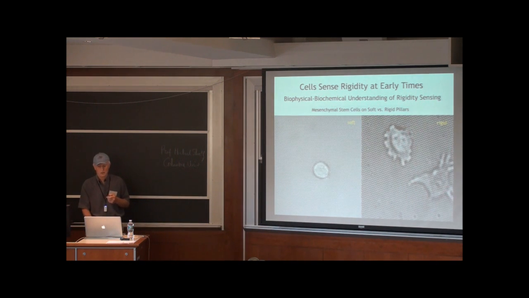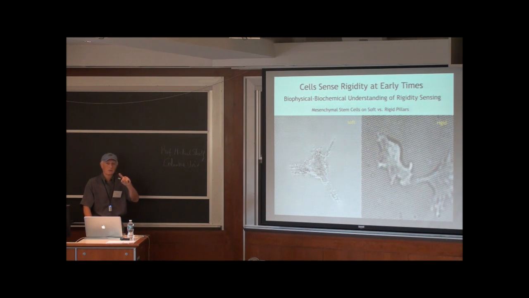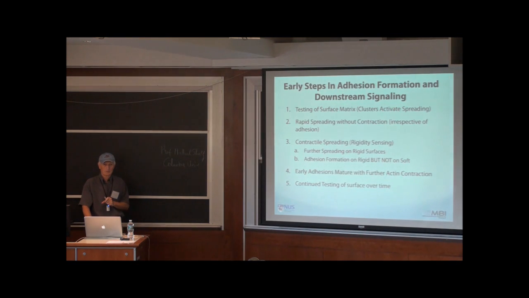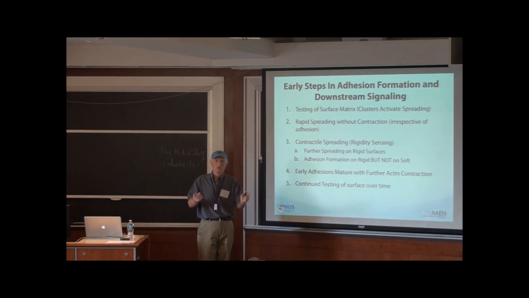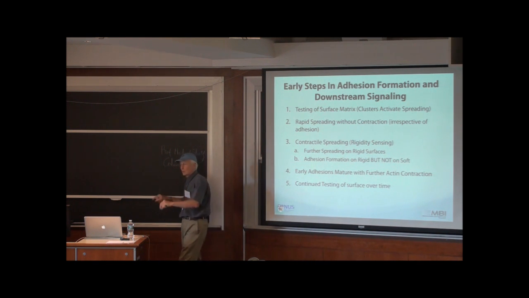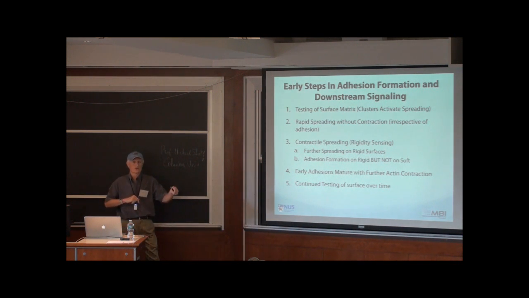Okay. So that says then that the process by which the cells sense or can sense rigidity occurs in a rapid fashion. So we'll look at this from the point of view of what are the initial steps of the interaction with the surface. We can control that. We know when we start that interaction, and so we can break the process down into a series of steps.